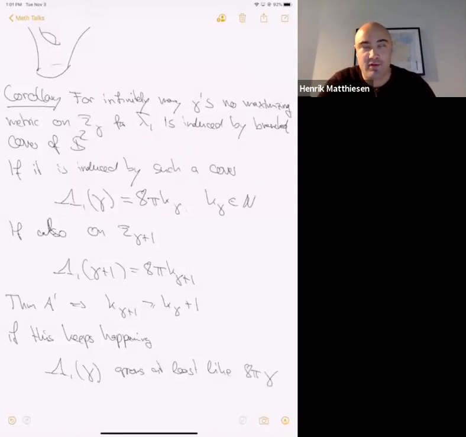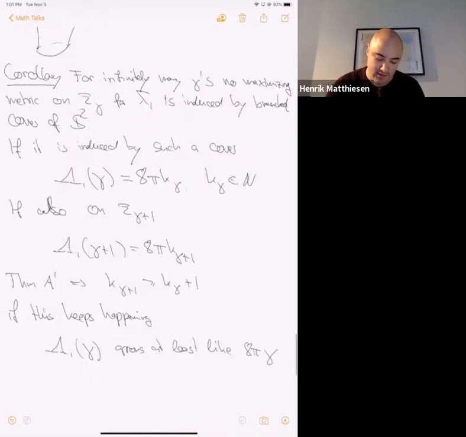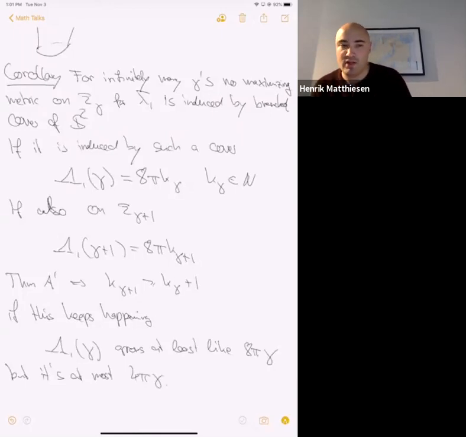But the improvement by Zufing Elias tells it's at most 4 pi times the genus. So that cannot happen. And the same argument actually lets you count the number of times that happens, and you can also prove an estimate for that number.